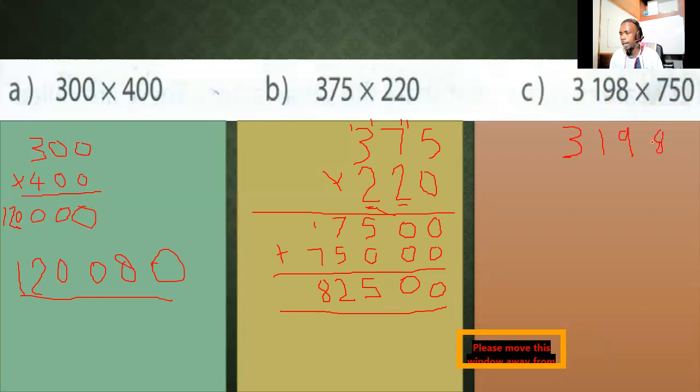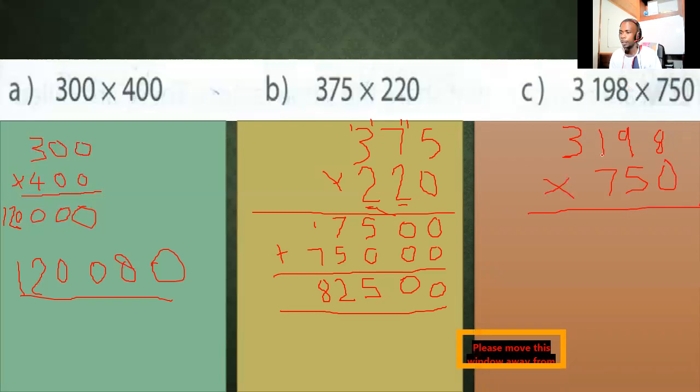Let's go to the next one. 3,198 multiplied by 750. Start multiplying by 0.